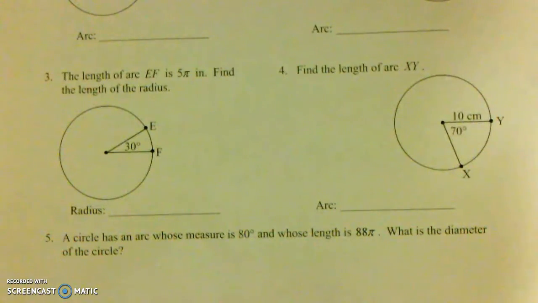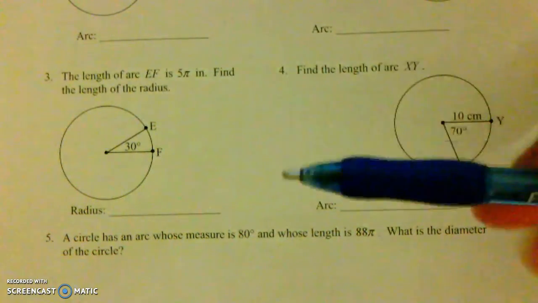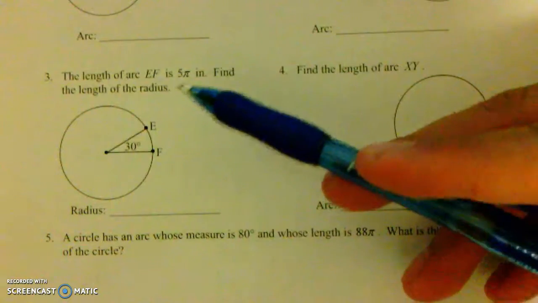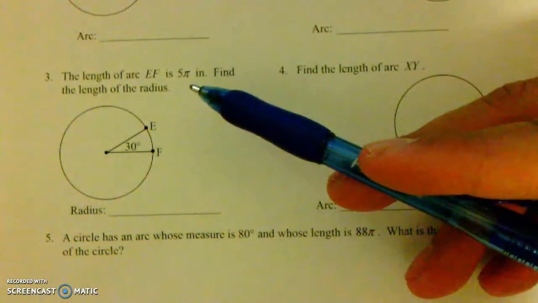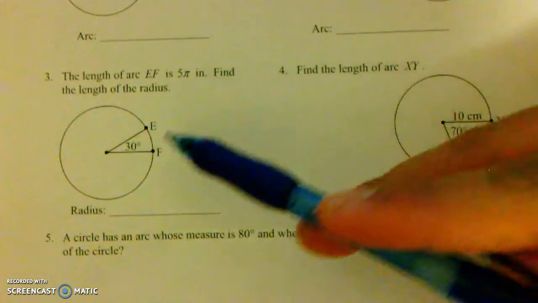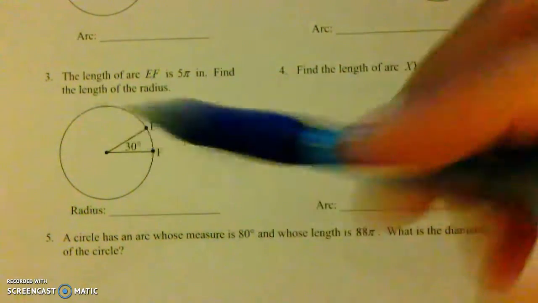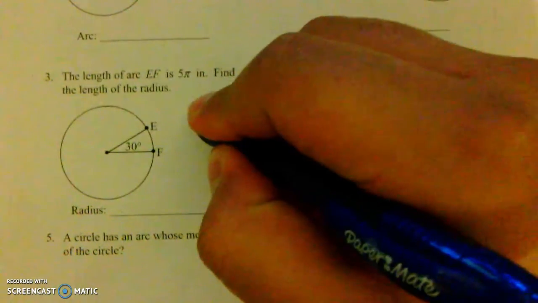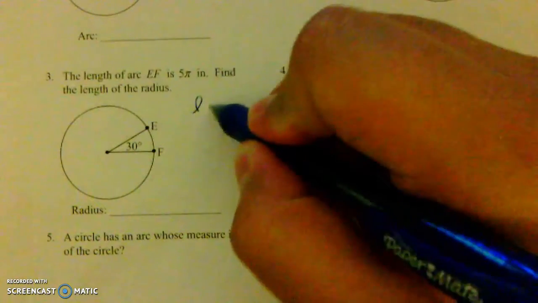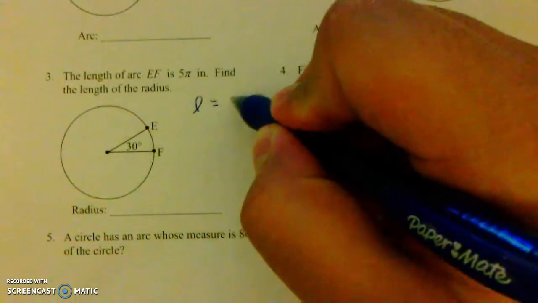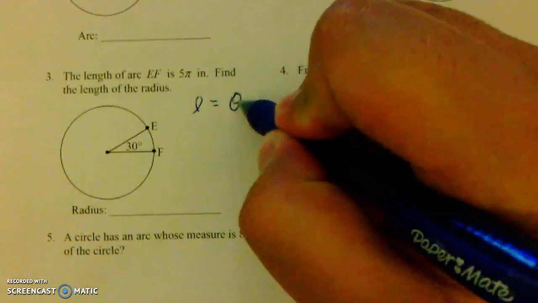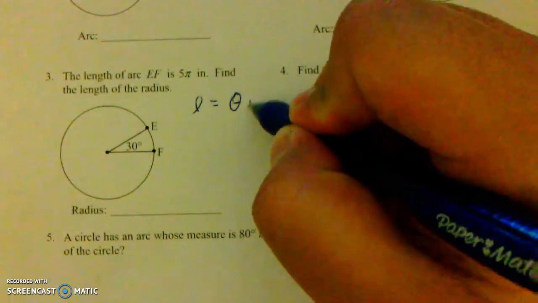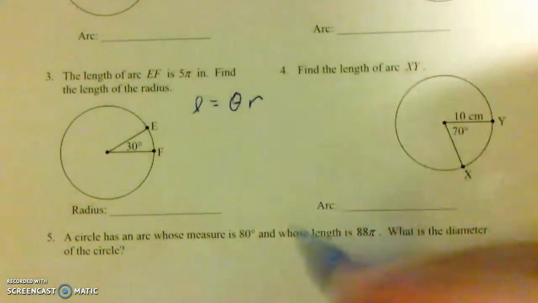When we look at the third one, okay, this one now they're going to give us the length of the arc, and then they're going to ask for the radius. So we know our formula is arc length equals theta in radians times the radius.